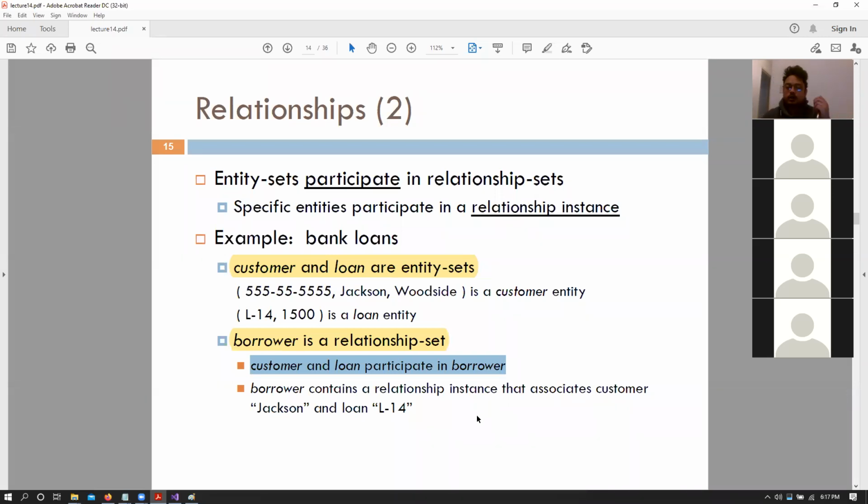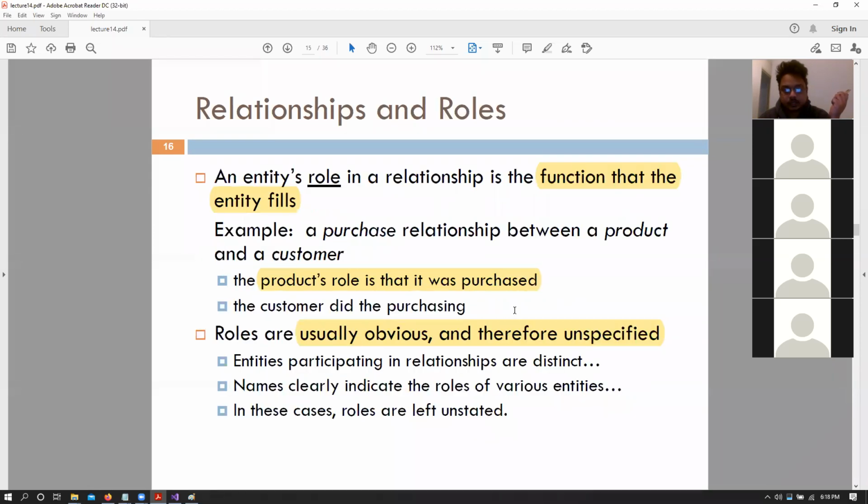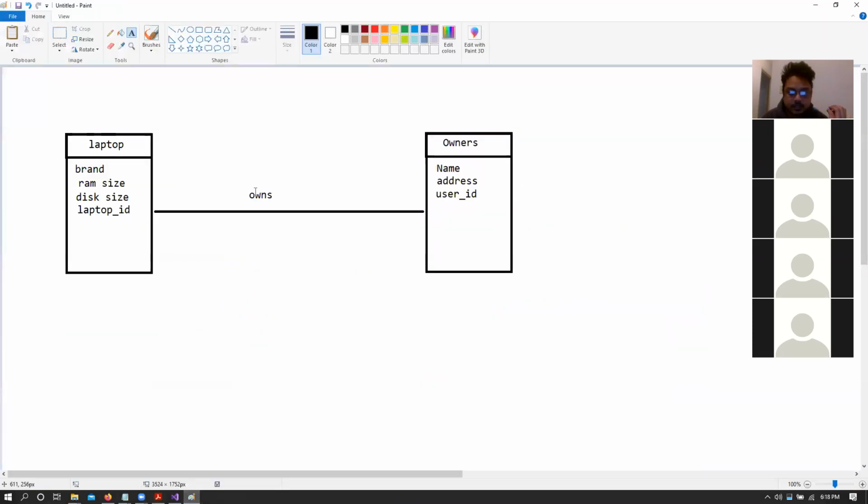So the terminology of these things are slightly different and they are new terms, but at the end of the day, they are still doing the same thing that we have been looking at so far, right? They're just in different terms. Okay. So the entity's role in a relationship is sometimes not that obvious, but you can imagine that the relationship's role for this particular instance, that is connecting a laptop to an owner, would be who owns what.